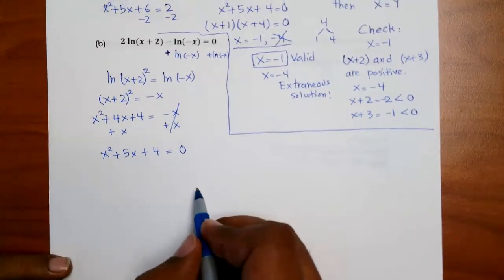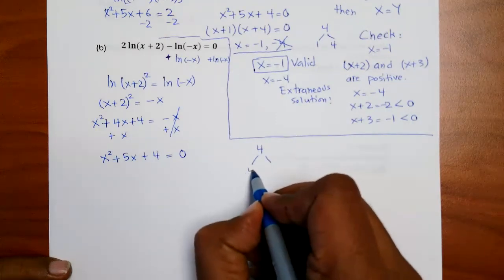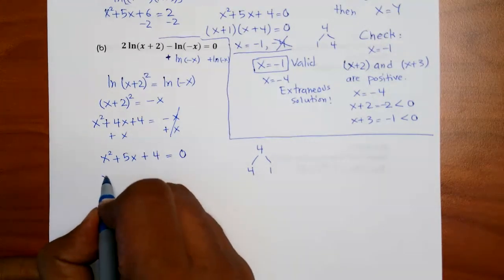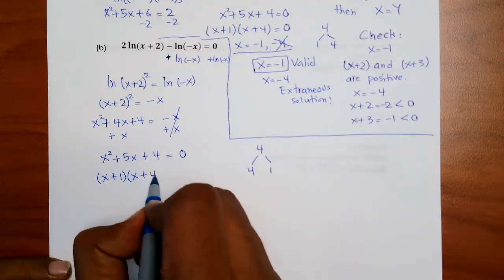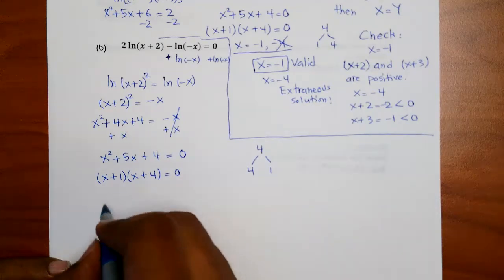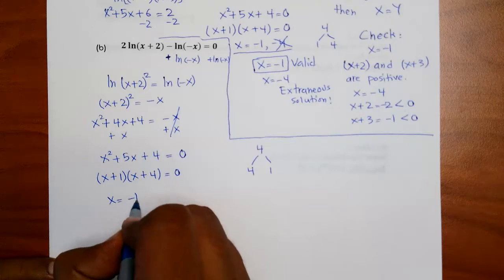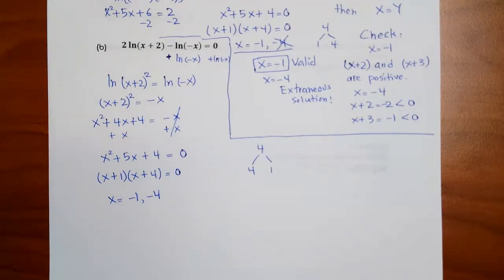I need to find the two factors for 4, which are 4 and 1. So I can simplify this as (x + 1)(x + 4) equals 0. Quite interestingly, I get the two values x equals -1 and -4.